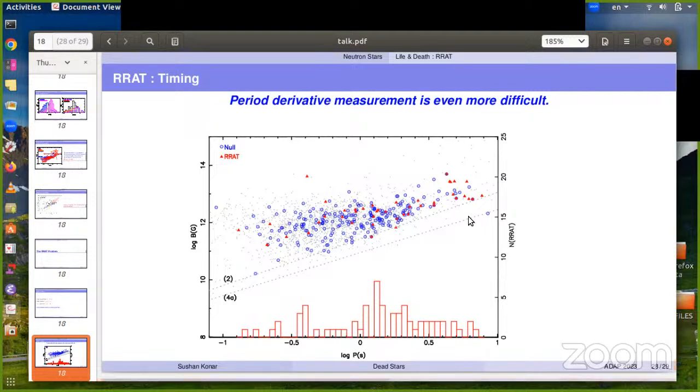Okay, so now for each spin period we have an upper limit and a lower limit. So we have generated a band within which these RLATs should be, in order for them to function as a sort of radio pulsar.